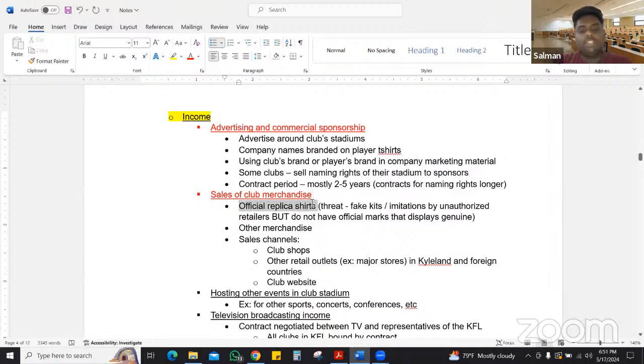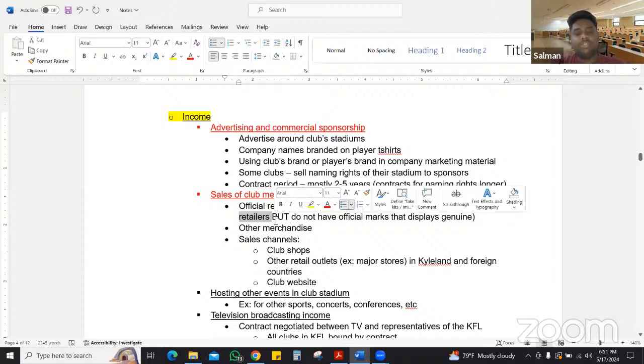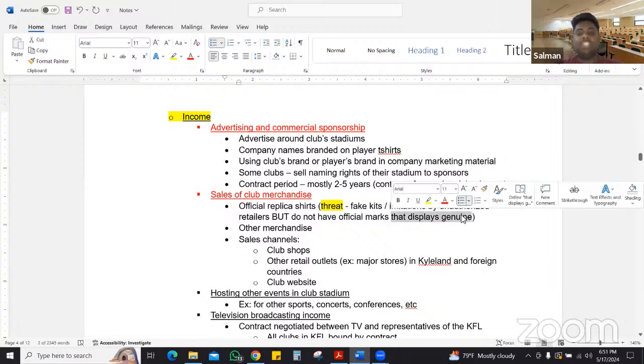So official replica shirts. However, there's a threat. What is the threat? People start selling fake shirts, imitations. Unauthorized retailers start producing similar fake shirts. A buyer can differentiate this because official shirts have some marks that display genuine, but those are very minor marks.